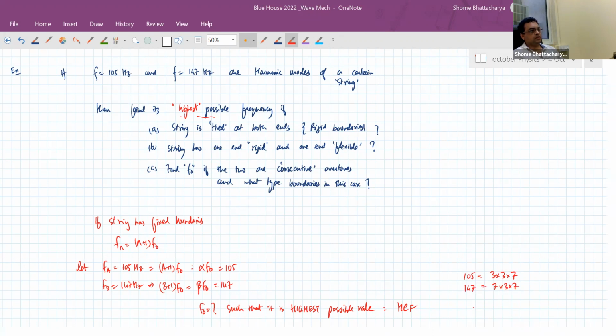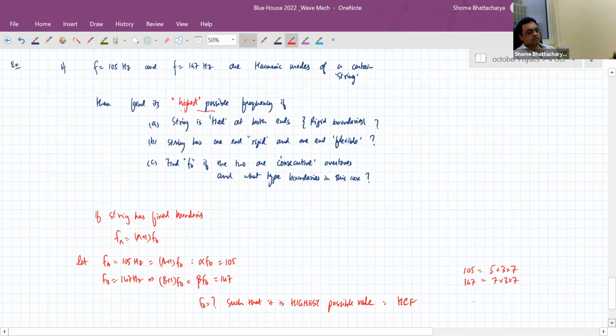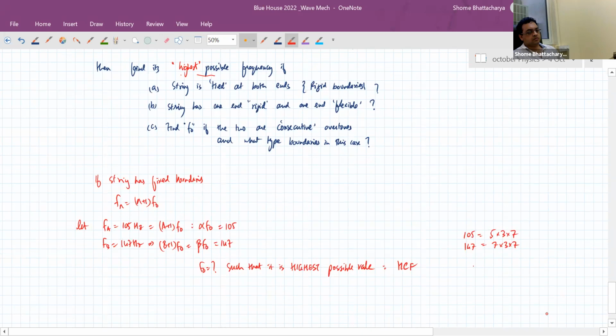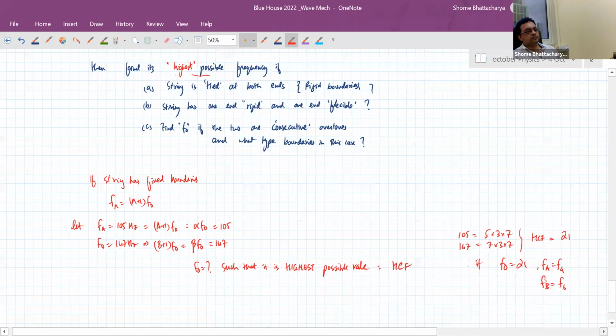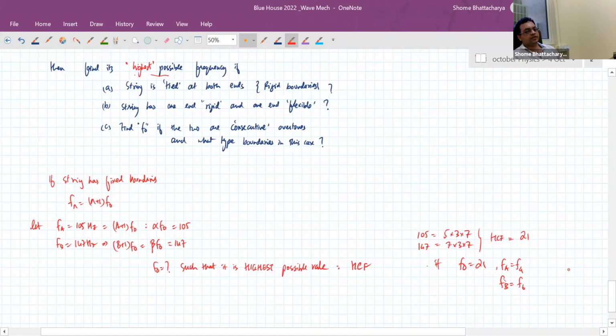So the HCF is 21, right? So if f naught is equal to 21, then FA is actually the fourth overtone, and FB is the sixth overtone for both ends fixed.